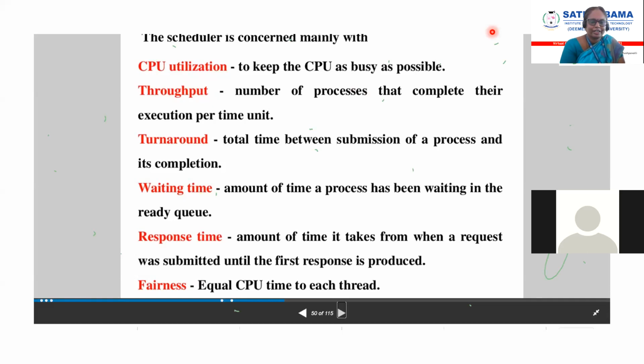Waiting time: the amount of time a process has been waiting in the ready queue. Response time: the amount of time from when a request was submitted until the first response is produced. Fairness: equal CPU time to each thread.